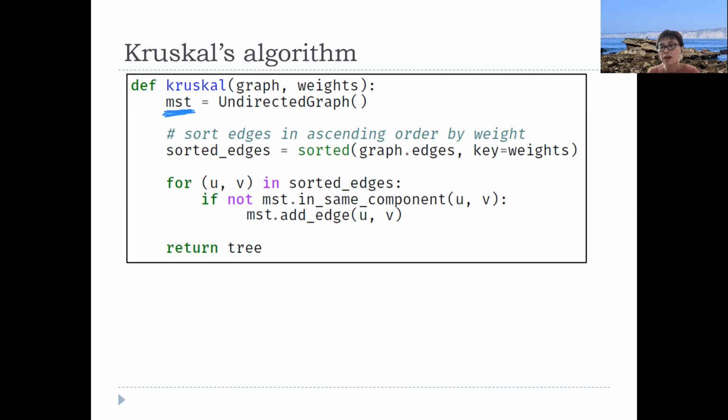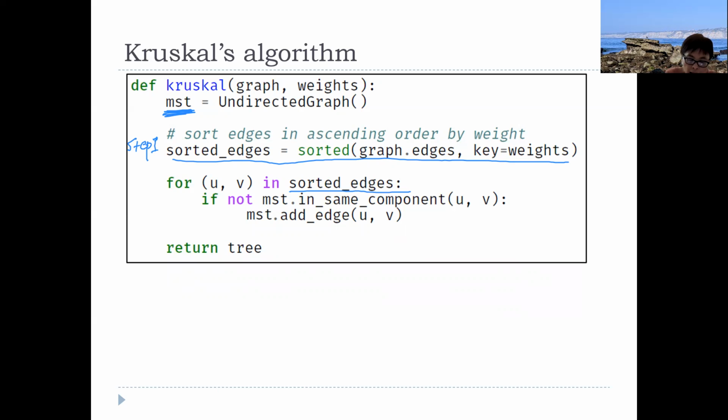We need to find V minus 1 edges. So the first step, we simply sort all the edges by their weights, from small to large. Next, we look at the edges in this sorted list one by one, from small to large.